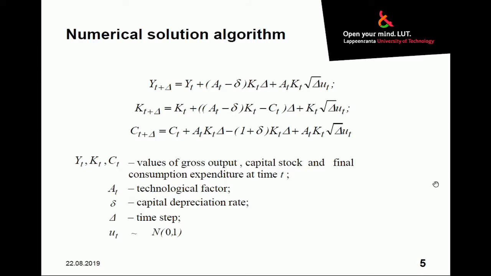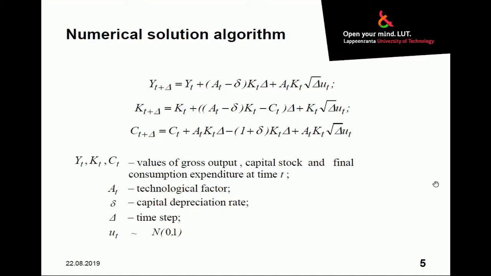It is rather a long story, but the simplest approach can be formalized as follows. Here, Y, K, C are the most popular indicators presented in many databases and stand for gross output, capital stock, and final consumption expenditure.